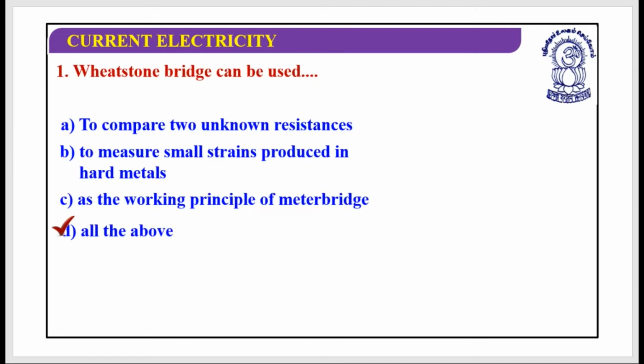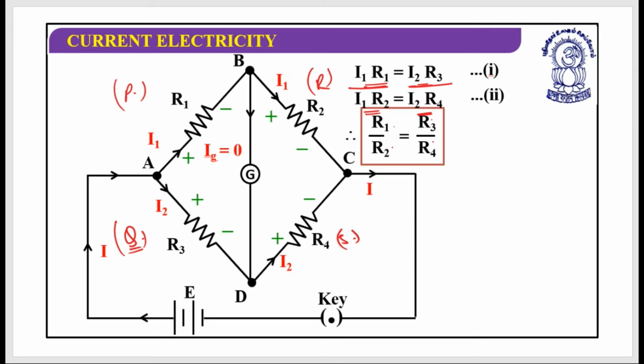So if this is the case, that if R1 by R2 is equal to R3 by R4, then Ig will be equal to 0. And why will Ig be equal to 0? Because VB and VD are at the same potential.